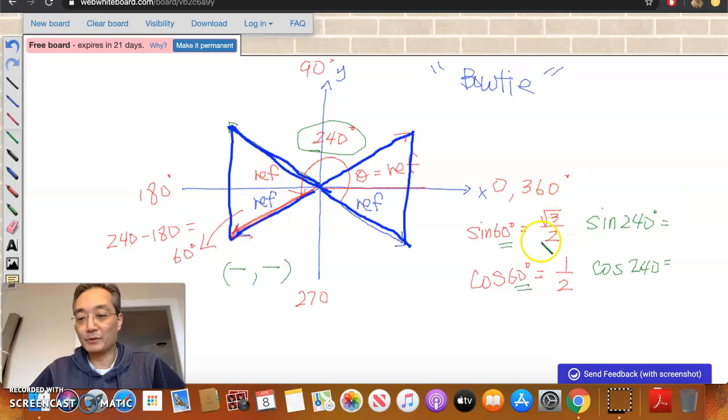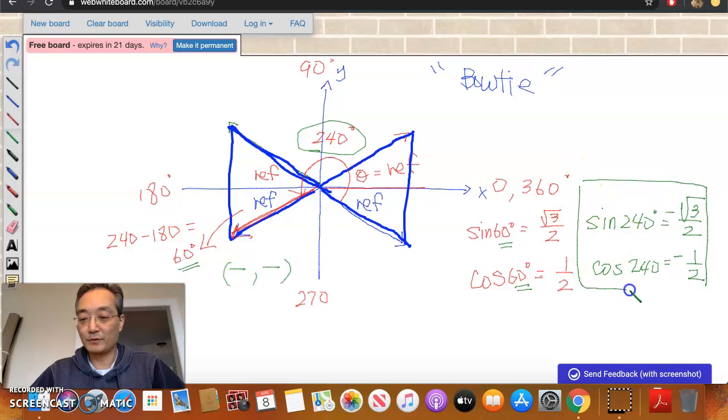So the values are the same because we used the reference angle of 60, right? But the signs, the pluses and minuses, are going to both be negative because x's and y's are all negative. So here's your answer. Okay? And there are your values of sine of 240 and cosine of 240.